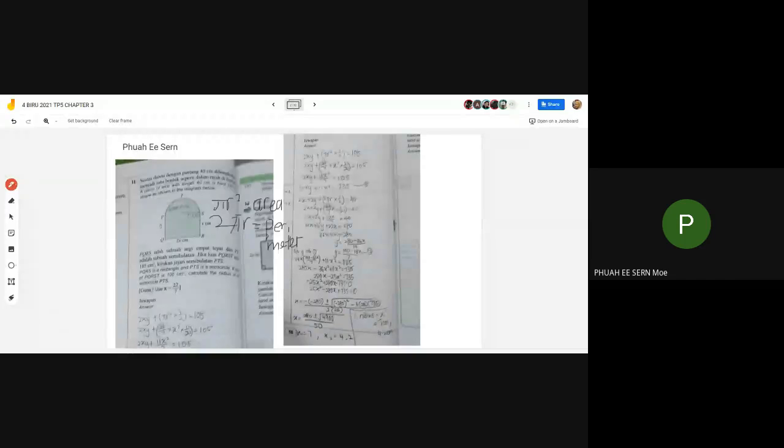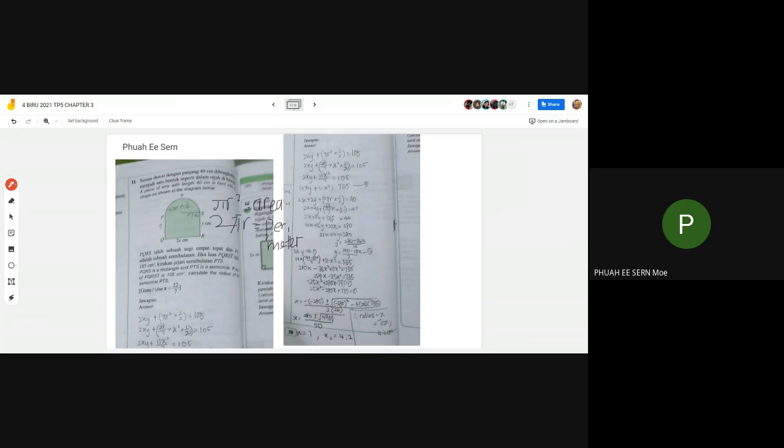Then after I find the first equation, which is the area, I find the perimeter. So 2x and 2y from the sides, and the semicircle, 2 pi r times 1 over 2, is 40. Then I do the 2 pi r, 44 over 7 times 1 over 2.